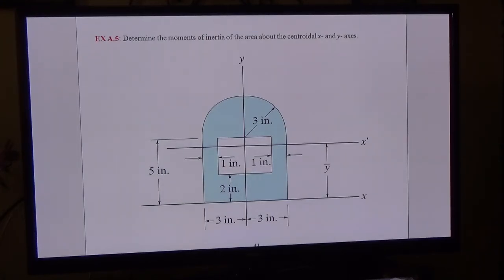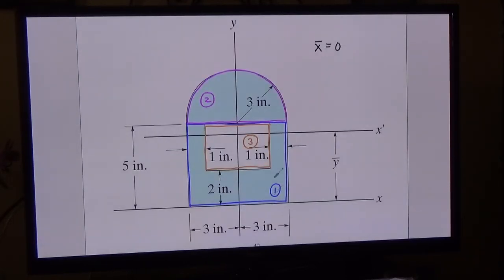So here, for example, notice if I'm calculating moments of inertia, this time it's about centroidal x and y axes. I have, in essence, 3 parts here. I separated it into part 1, which is this rectangle, part 2, which is a semicircle, and part 3, which is a rectangular hole.